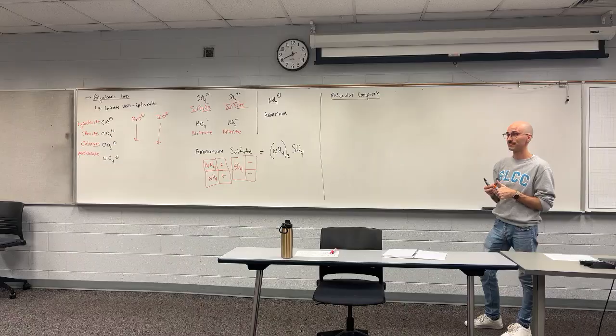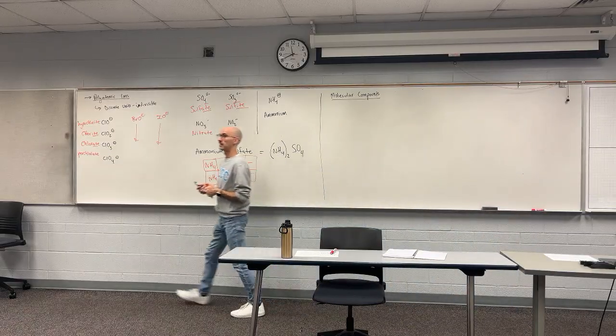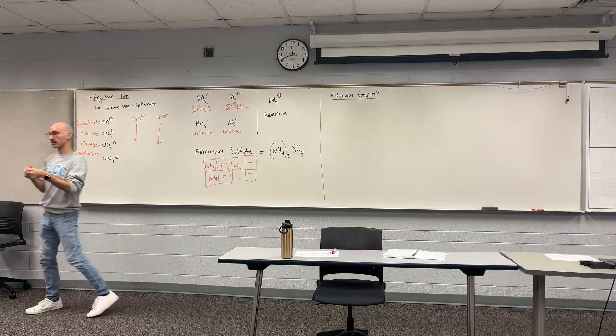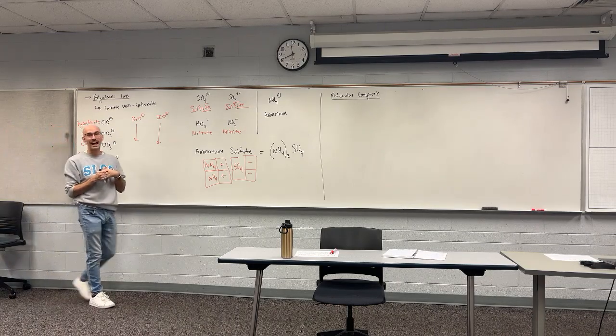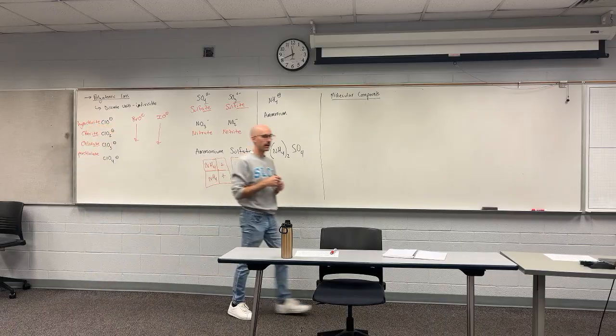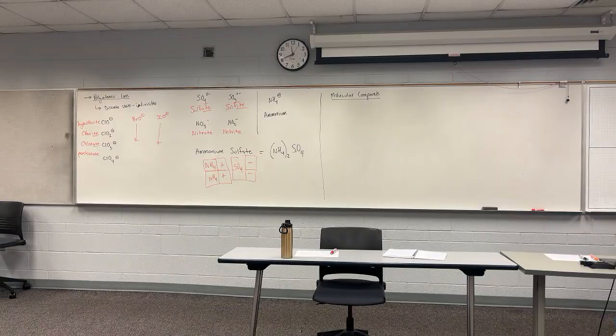You need to know the charge of ammonium. You need to know the charge of sulfate. You need to know the charge of nitrate. You need to know the charge of nitrite. You need to know the charge of bromate, bromite, hypobromite, perbromate. You need to know the charge of hydroxide. You need to know the charge of acetate. Your textbook walks you through these polyatomic ions pretty well. So when you notice a polyatomic ion, you should write it down.